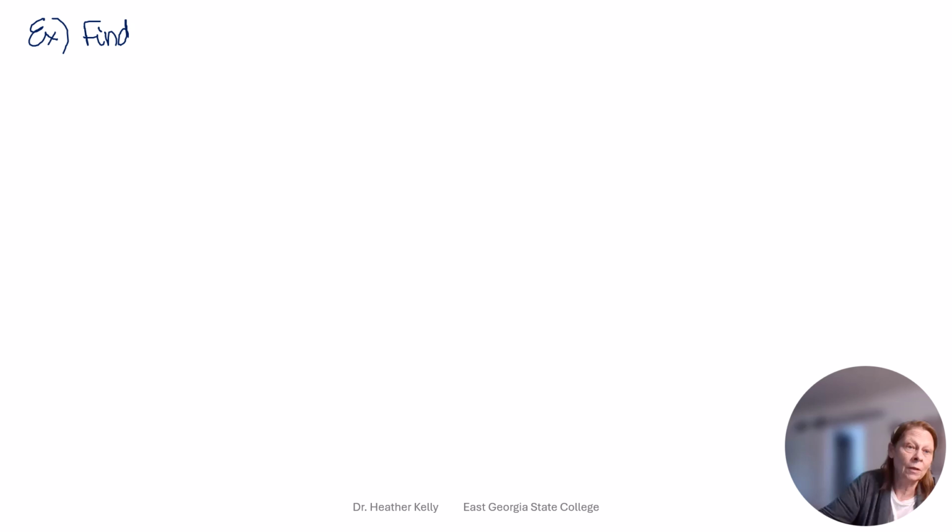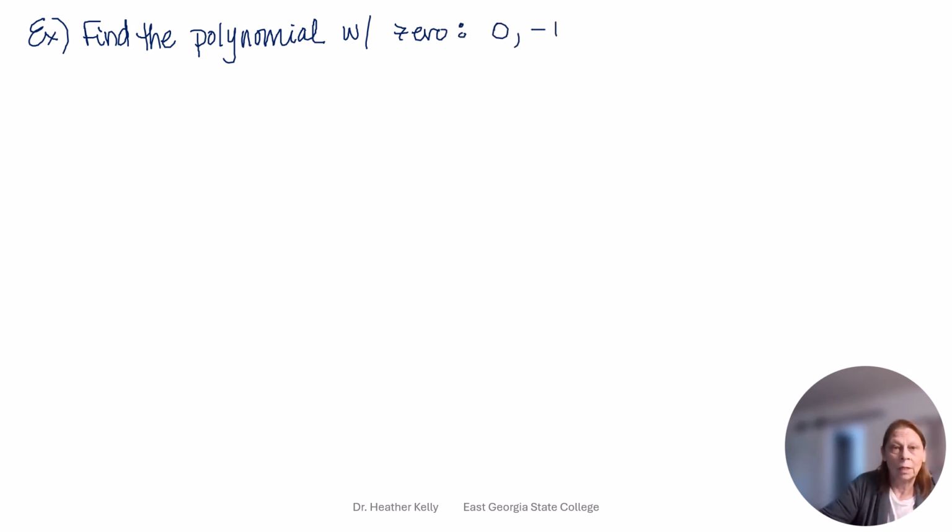Find the polynomial with the given zeros of 0, negative 1, multiplicity 2, I'm going to talk about that in a minute, and 3, multiplicity 2.